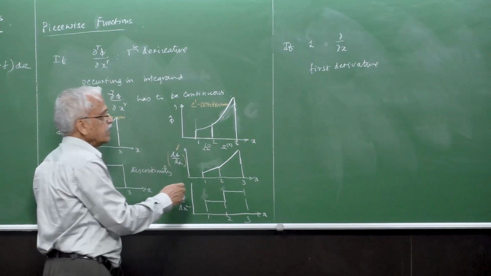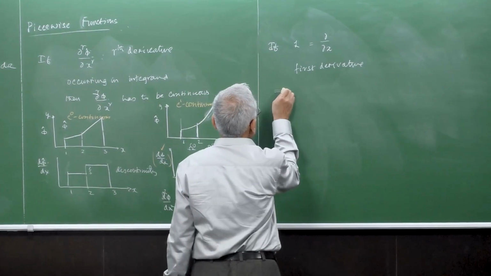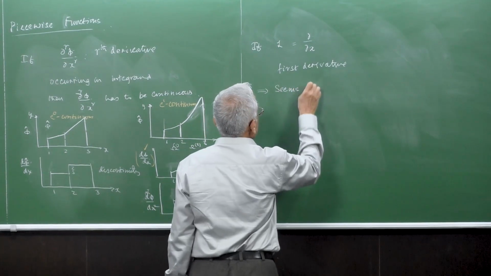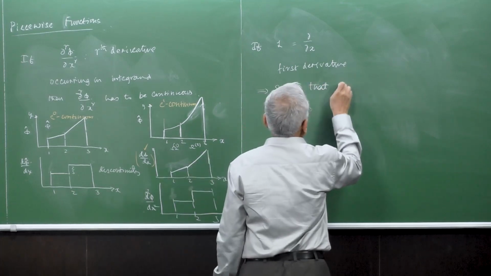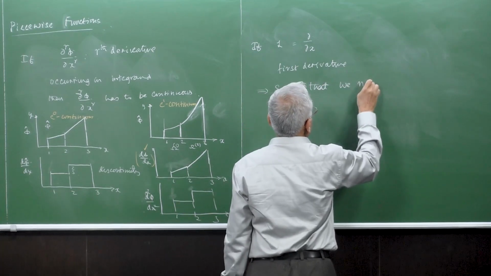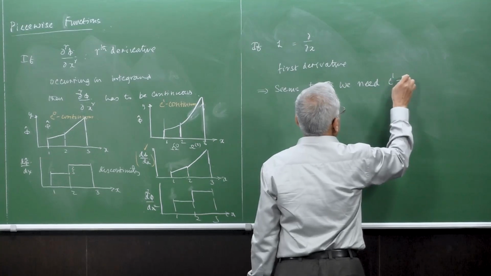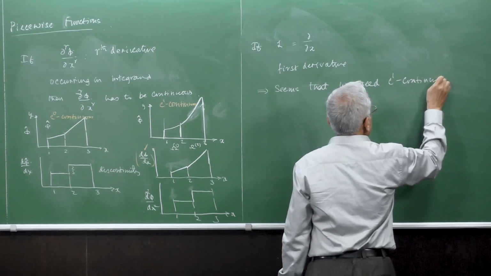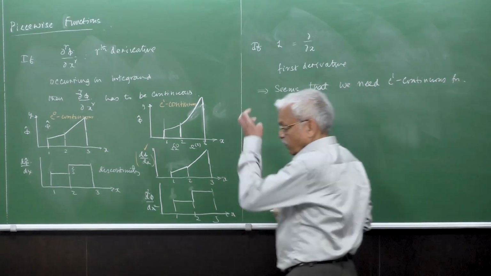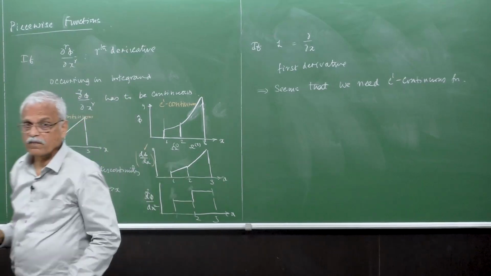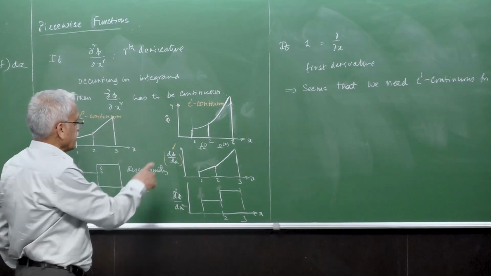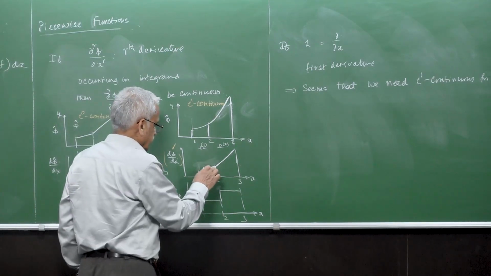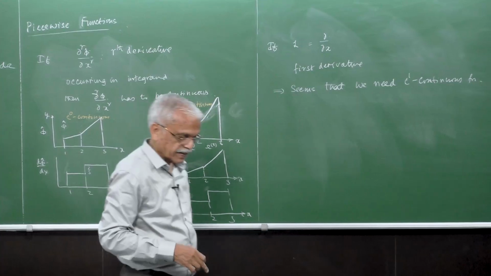So it seems that we need a C1 continuous function, where d phi by dx is definitely single valued and continuous.